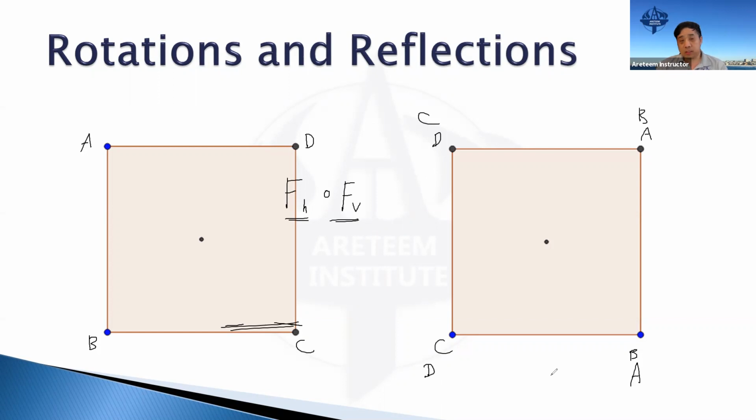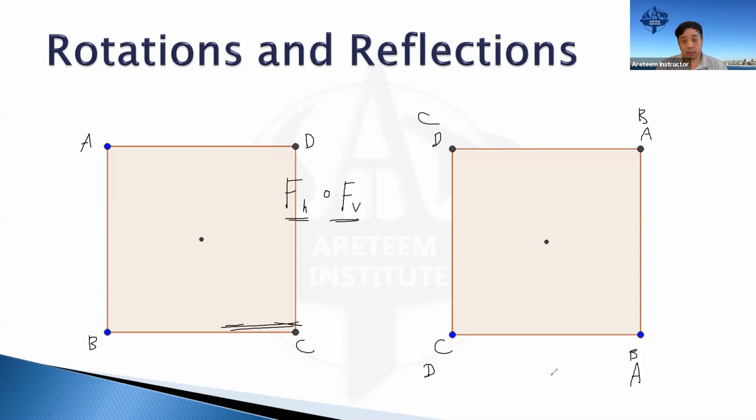So you notice that we are actually back to counterclockwise. If ABCD is counterclockwise to begin with, you do one flip, it's clockwise. You do another flip, it's counterclockwise. So it doesn't matter which flip you do. You could do horizontal flip and vertical flip, or you could do diagonal.